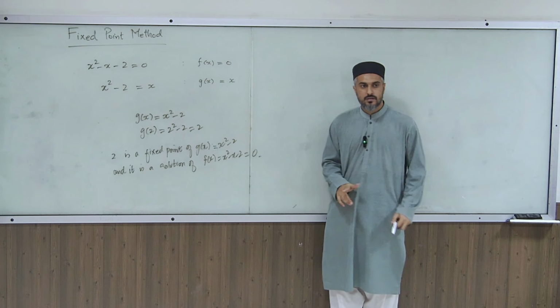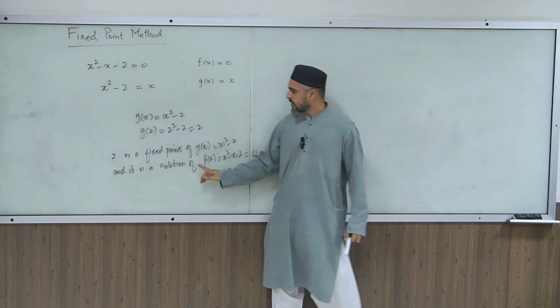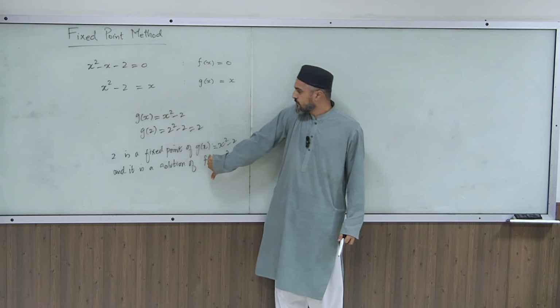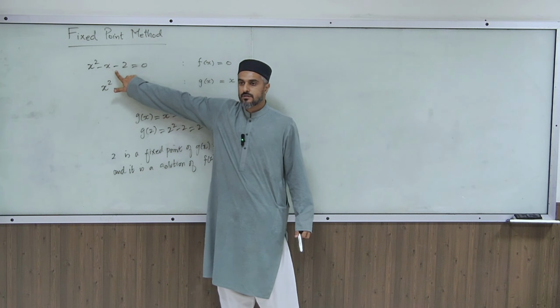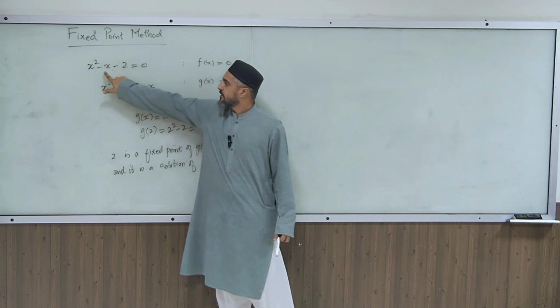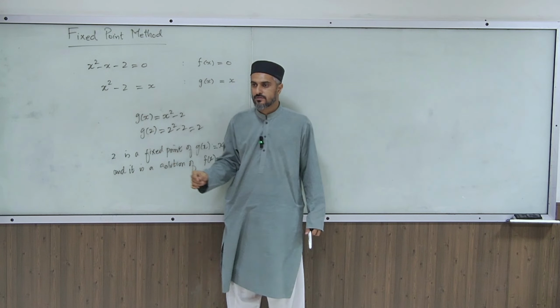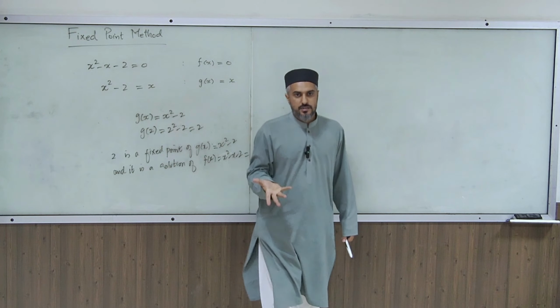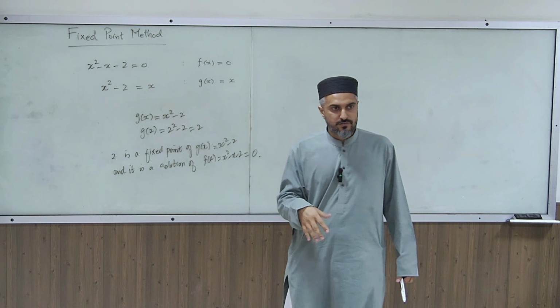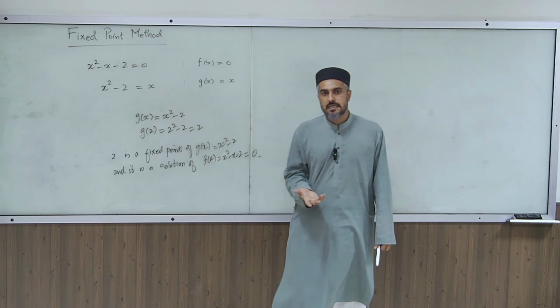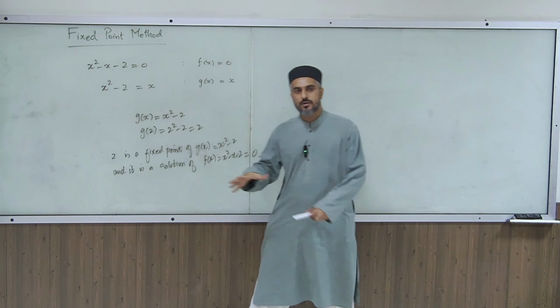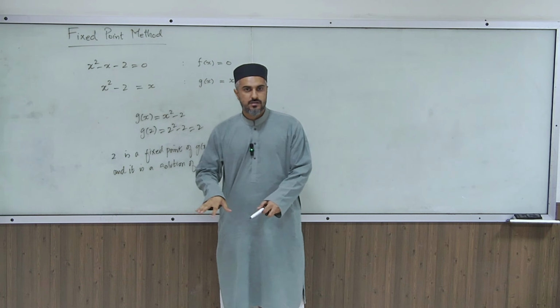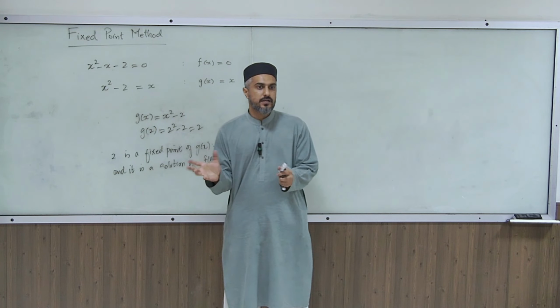Okay, so if I use this value 2 in this equation, it will say 2 squared minus 2 minus 2, so it will be 0. So in other words, a fixed point of a certain function is a solution of a certain equation, and they are connected.